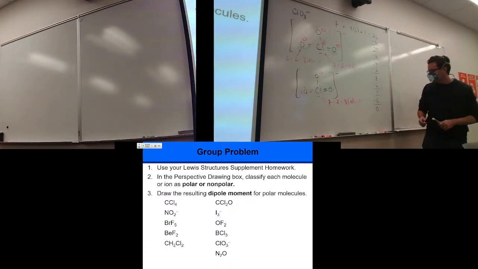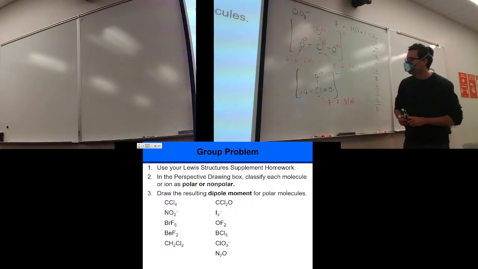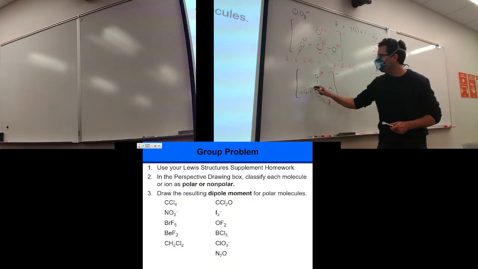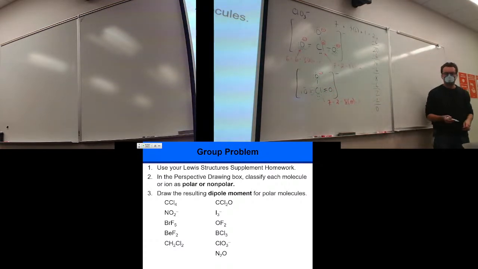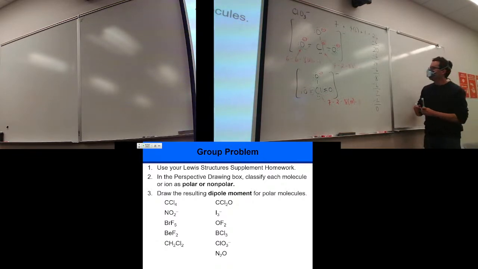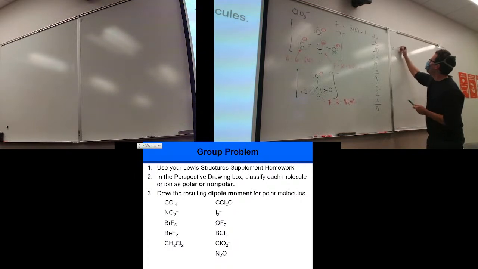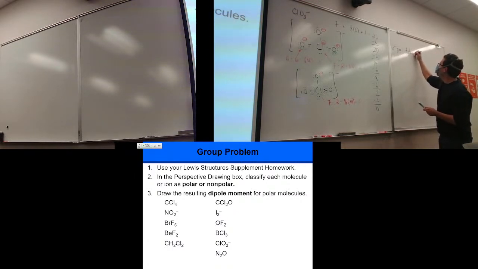To find the shape, we look at groupings of electrons around that central atom. So there's 1, 2, 3, 4 groups of electrons around the chlorine, electron domains if you prefer that name. 4 groups. So the electron geometry, when you have 4 groups, is tetrahedral.